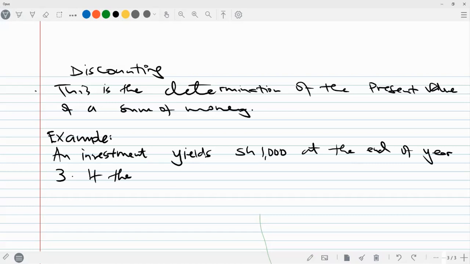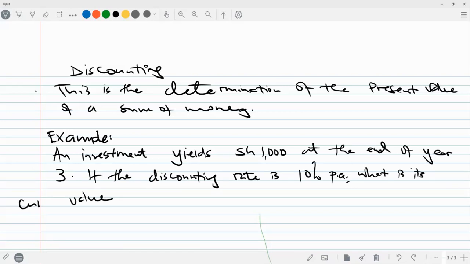If the discounting rate is 10% per annum, what is its current value?